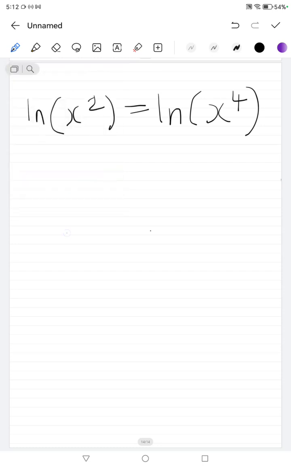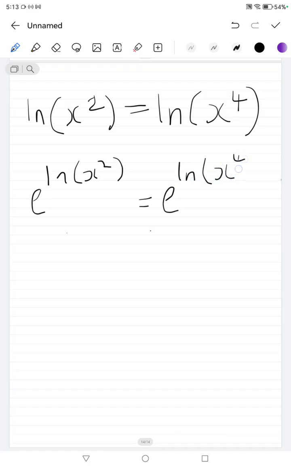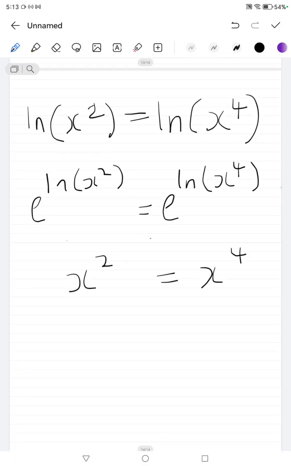So you're going to have what? You're going to have your e exponent ln of x squared is equals to your e exponent ln of x to the exponent 4. So as explained in the previous, you'll be left with your x squared, and this side you have your x to the exponent 4.